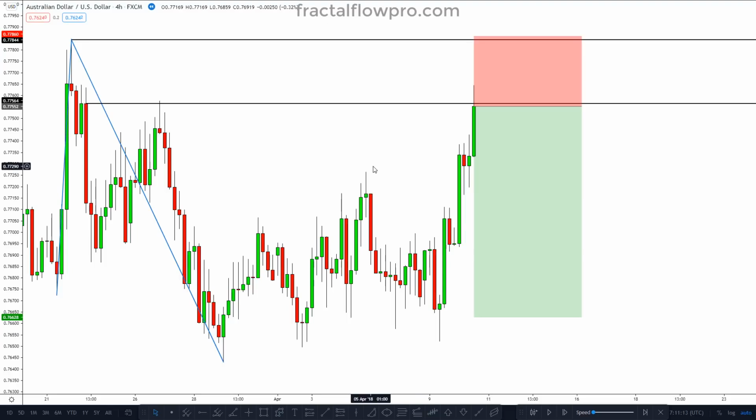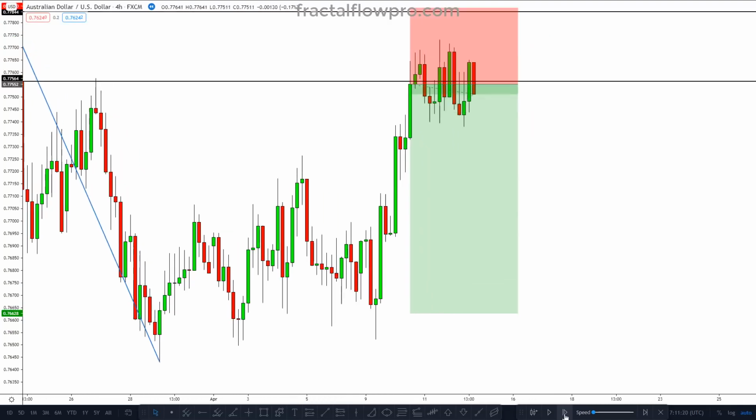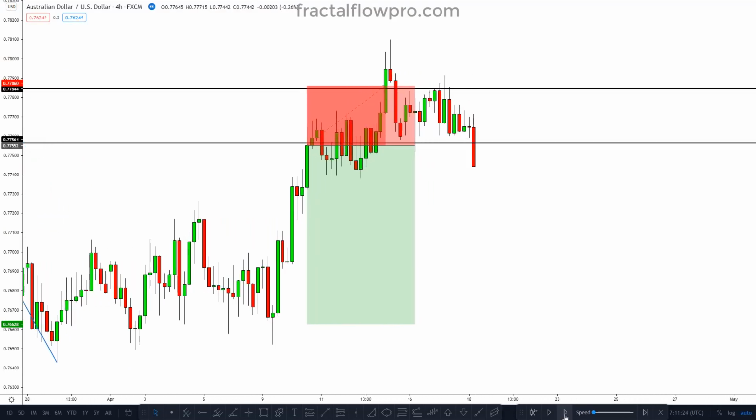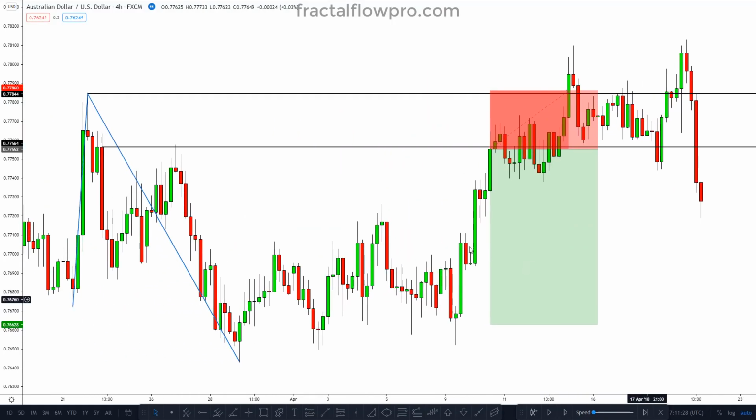Let's advance price to see what happens. Here we can see that, despite this being a perfectly valid trade, it would have been stopped out.